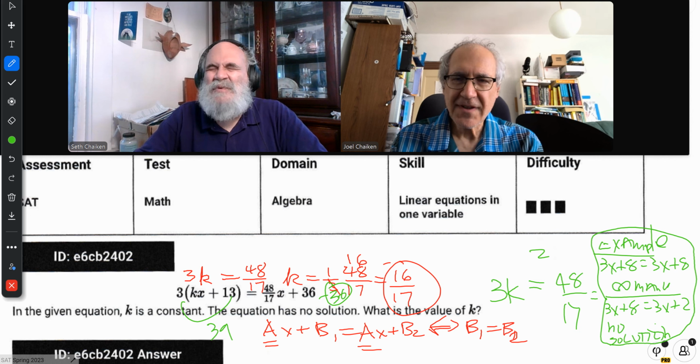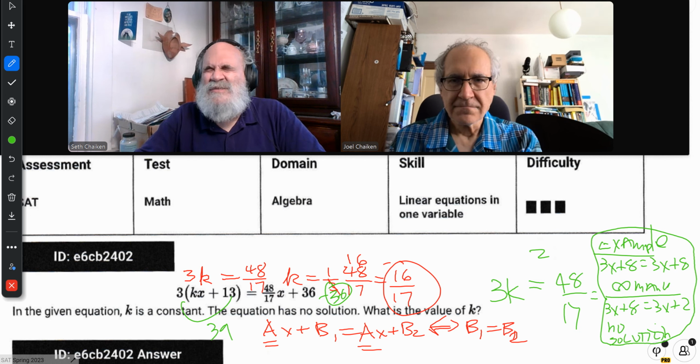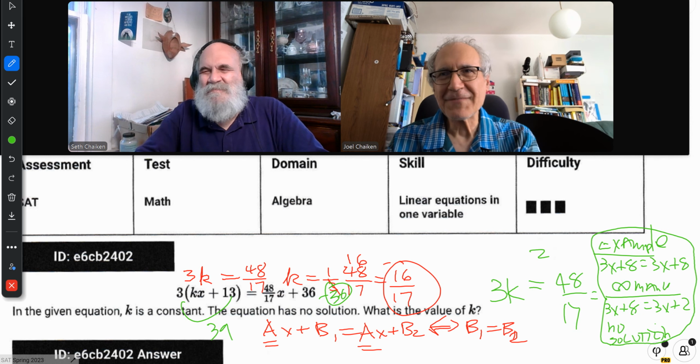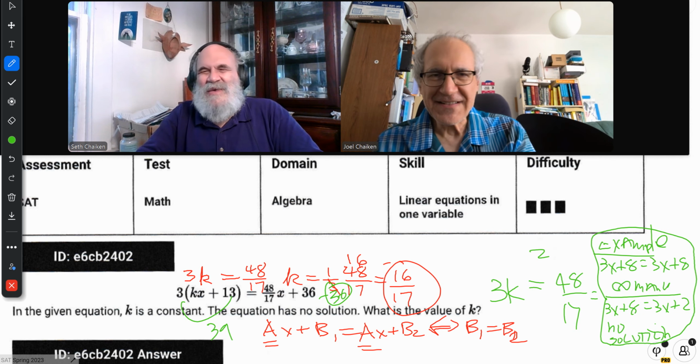Of course, if they ask what constant gives no solution, then there are infinitely many choices. But they didn't do that, so let's not confuse people.